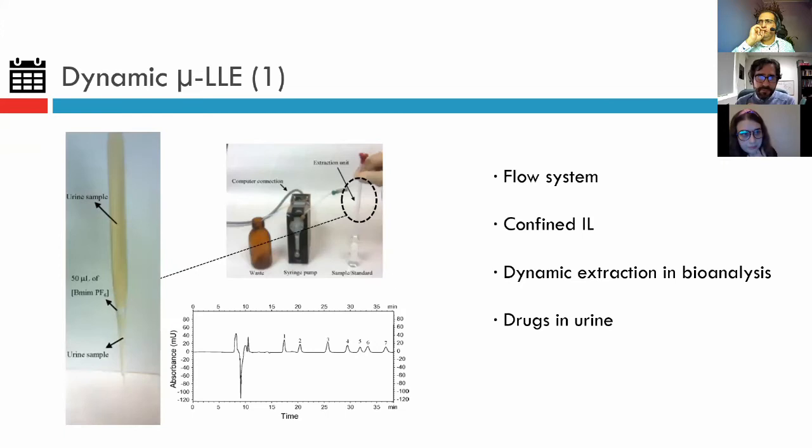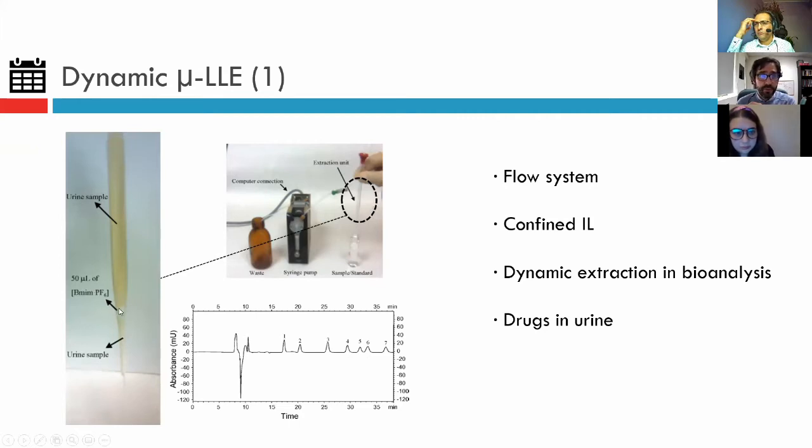So the second type of technique that we developed was the dynamic microliquid-liquid extraction. This is an extraction technique that we proposed for the first time. We exploit here the high viscosity of the ionic liquids and the higher density compared with water. So the extraction device is a Pasteur pipette.